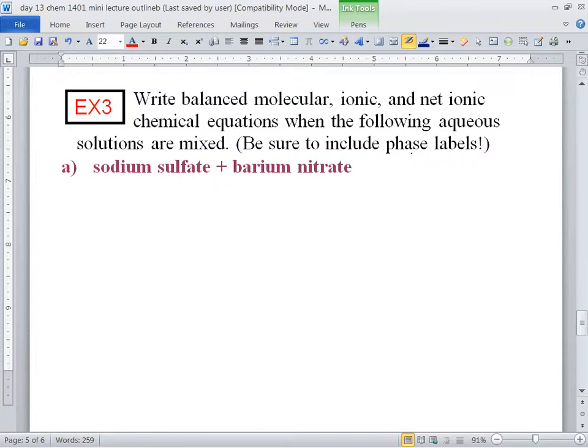And if you're not sure what sodium sulfate was, look at the cheat sheet. It's on there. Sodium sulfate and barium nitrate. Good.